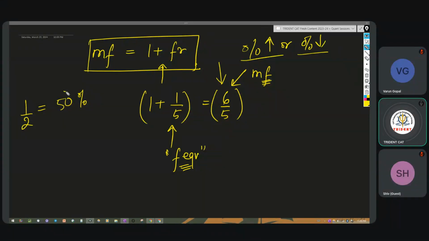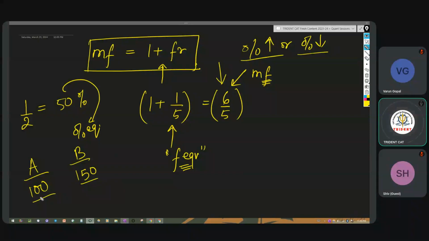This is the percentage equivalent. However, when I say 50% more than the previous quantity, or an increment of 50%, for example, A has a salary, and B has a 50% more salary than A. So if I consider A has 100, B will be 150. I'll repeat myself. If I say B has 50% more salary than A, that means 50% of 100, so B will have 100 and 50% more of that. So that is 150. I hope that makes sense.